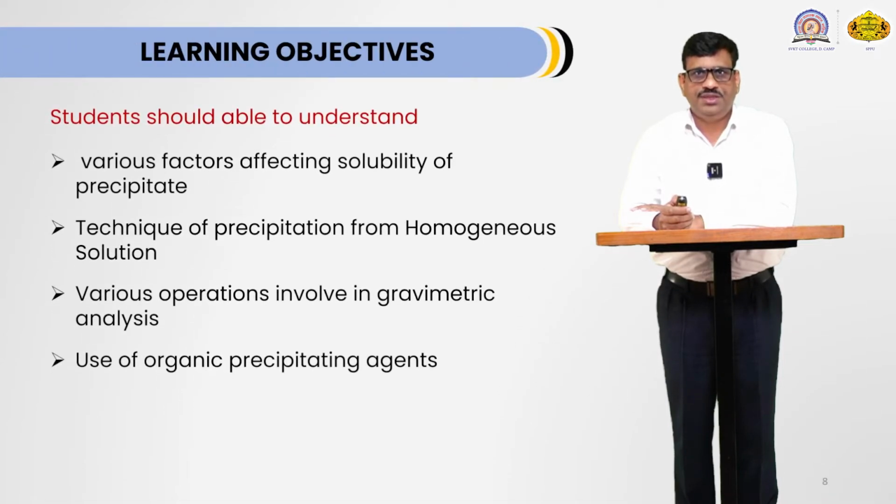Learning objective of this session: at the end of this session, students should be able to understand various factors that affect the solubility of the precipitate, the technique of precipitation from homogeneous solution, various operations involved in gravimetric analysis, and how to use organic precipitating agents for getting precipitate.